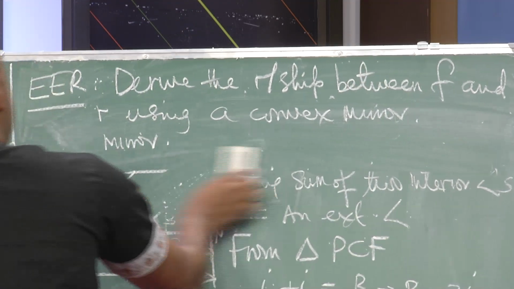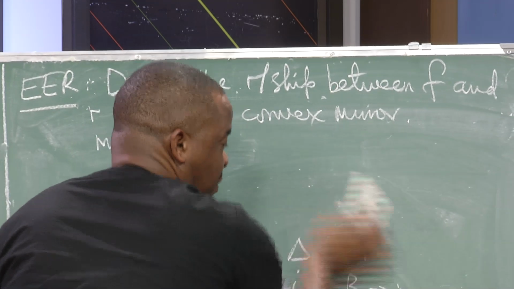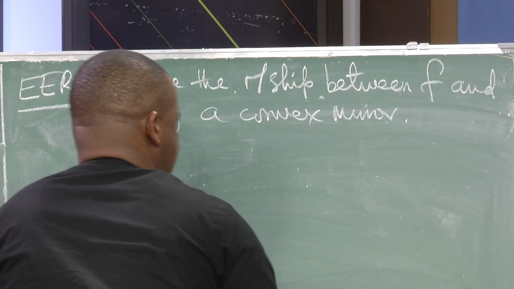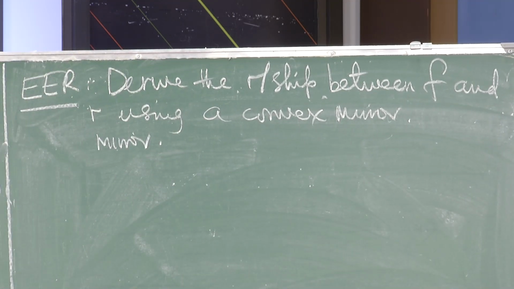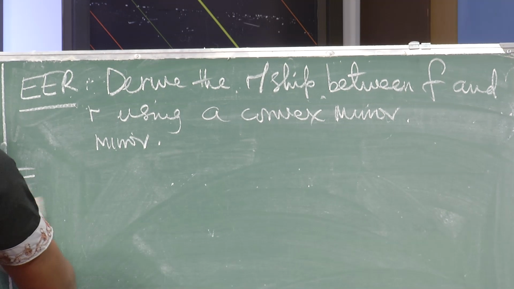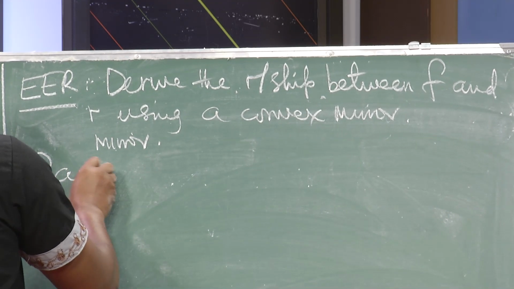You are expected to try to derive that expression using a convex mirror. You are aware that a convex mirror diverges light. The other assignment that I will give, I will give it after some guidance.